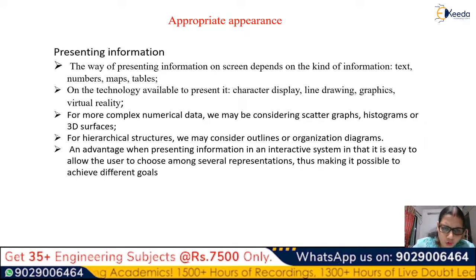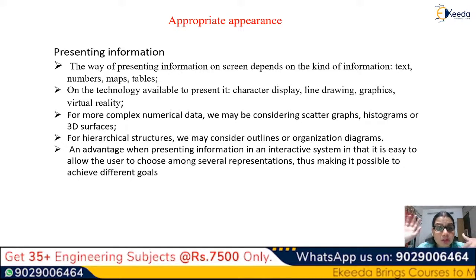So for more complex numerical data, we may consider scatter graphs or histograms or 3D surfaces. If we talk about complex numerical data, what we feel is to consider scatter graphs or histograms, presenting the data in a more complex way.